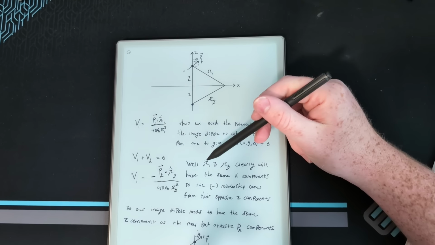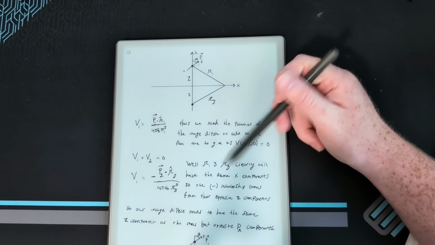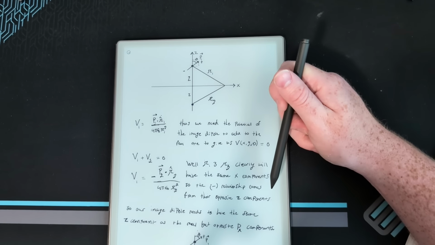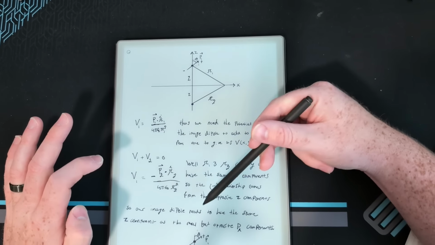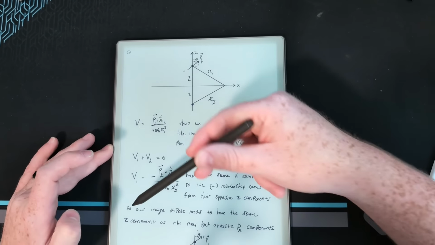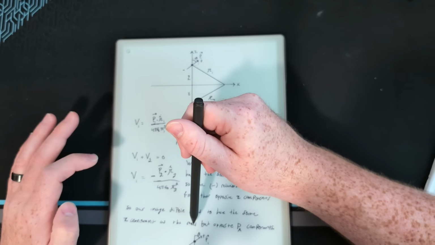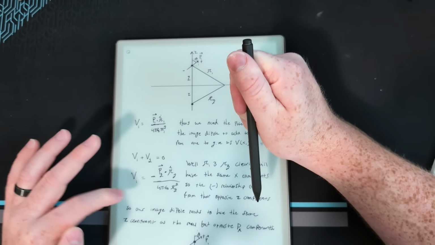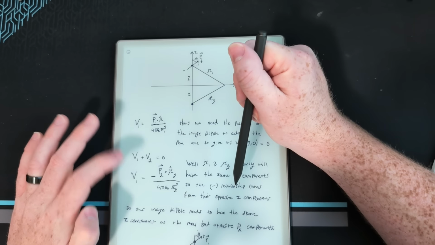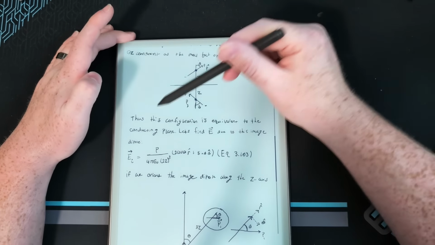Let me just think here. So R1 and R2 clearly will have the same x components, so the negative relationship will come from their opposite z components. So our image dipole needs to have the same z component as the real dipole, but it needs to have opposite p sub x components.